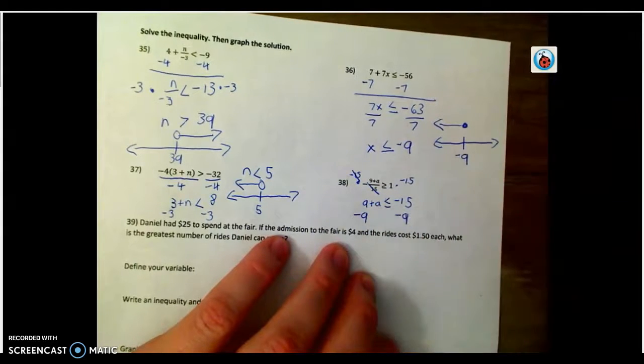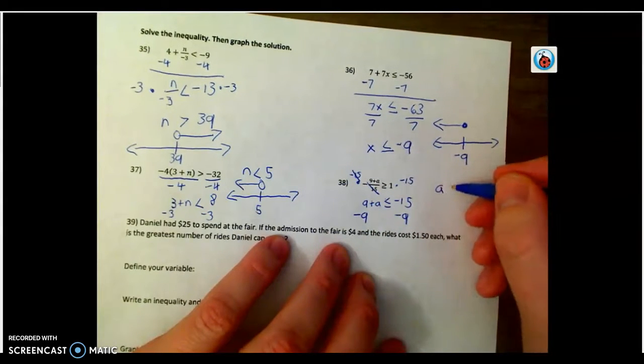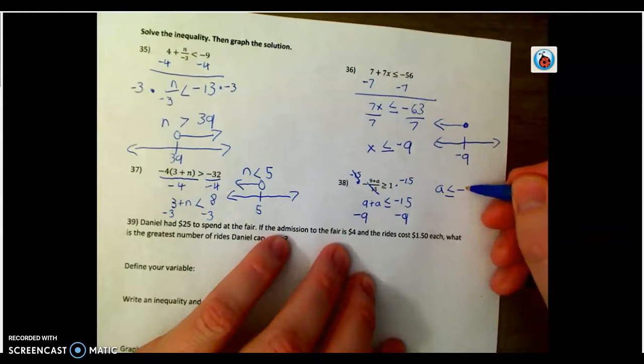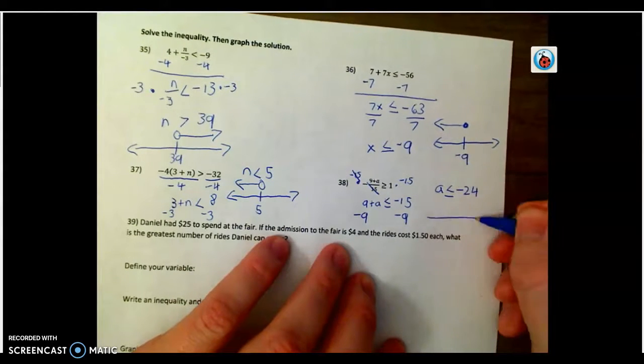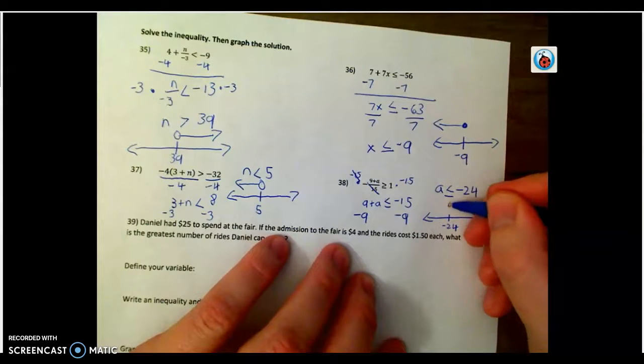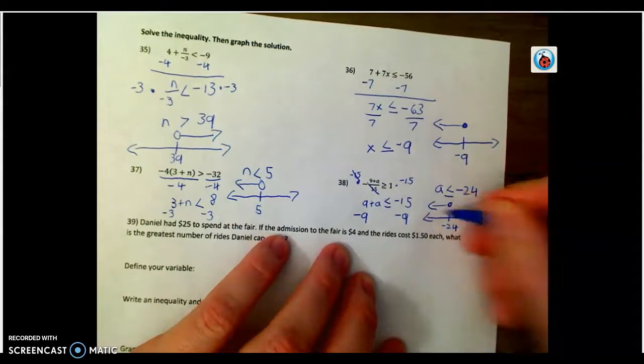Subtract 9 from both sides and we get a is less than or equal to negative 24. Closed circle, shaded to the left.